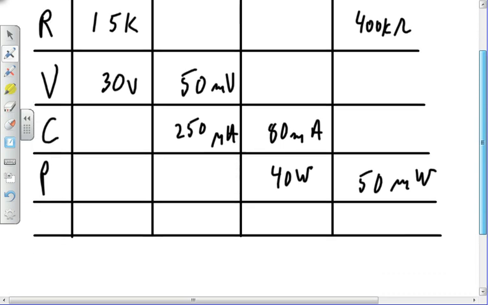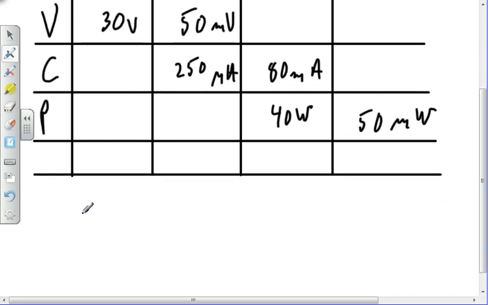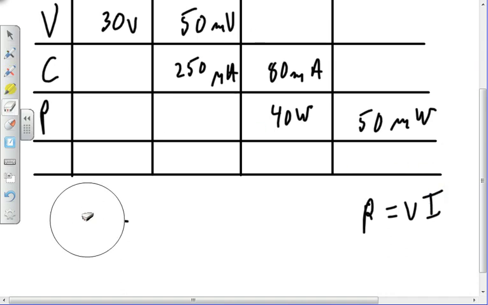Okay, so I have two equations I'm going to worry about. Ohm's law, which says V is equal to IR, and my power equation that says power is voltage times current. Now we can rewrite V is equal to IR using all my awesome math skills.